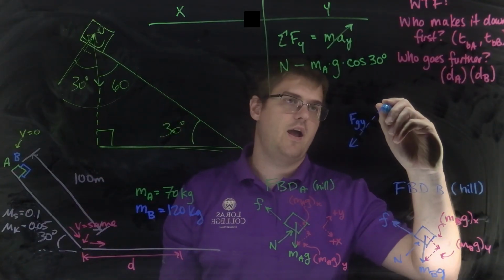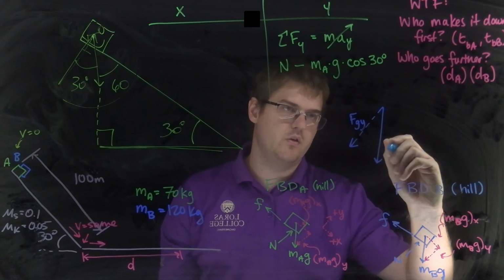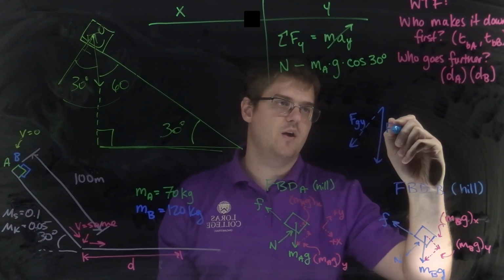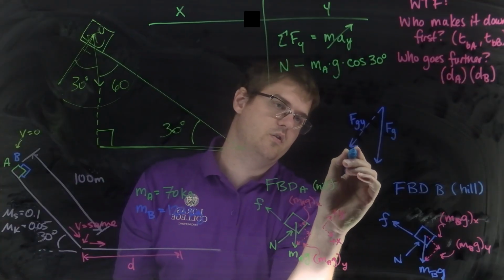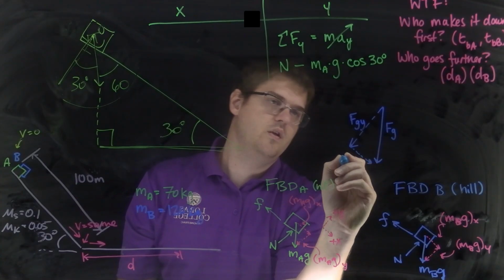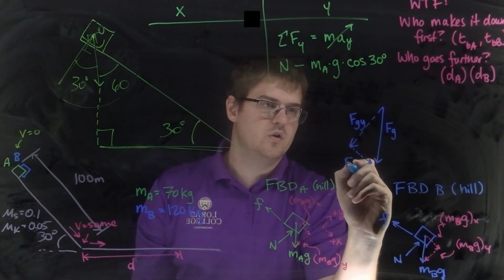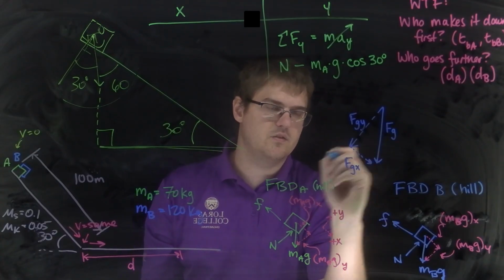And then we have our actual line, which is right here. And this is our actual force gravity. And then this portion right here is going to be force gravity in the x.